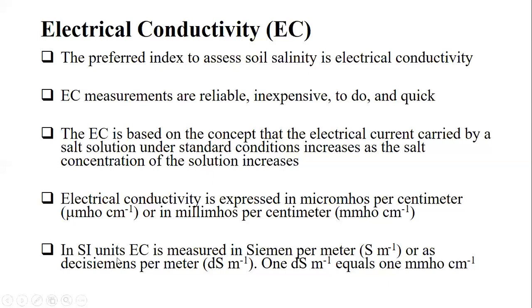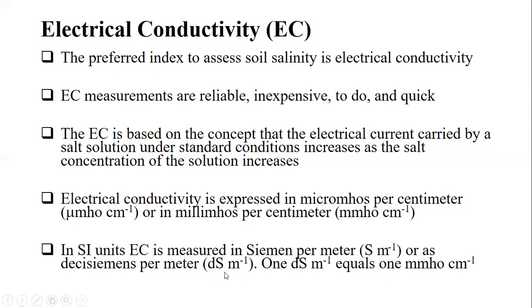In the SI system, the new system that most people and most scientists use now, EC is measured in Siemens per meter, S per meter. To work with nicer units, it is a matter of choosing which subunit of the major unit to use. Now we use Siemens so that we use simple units that we can deal with.